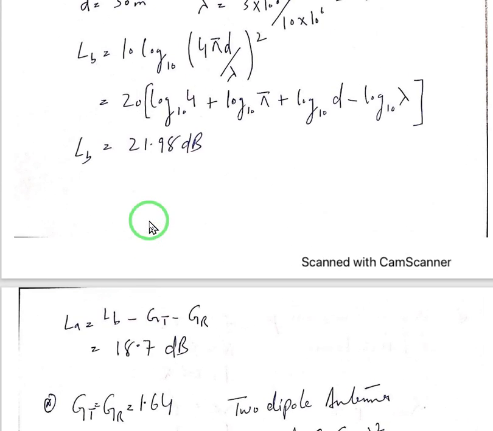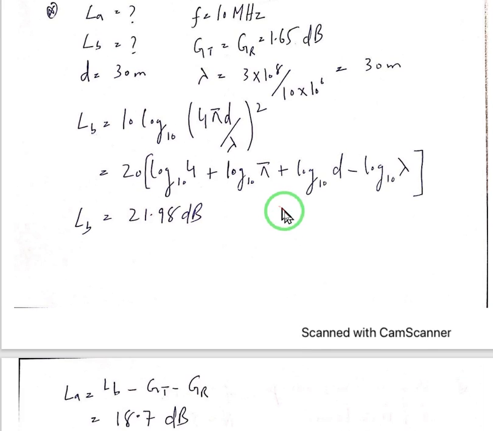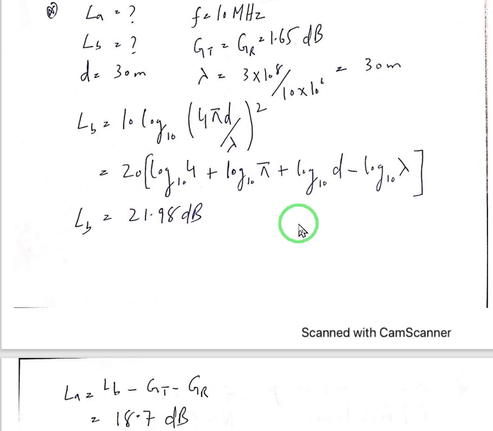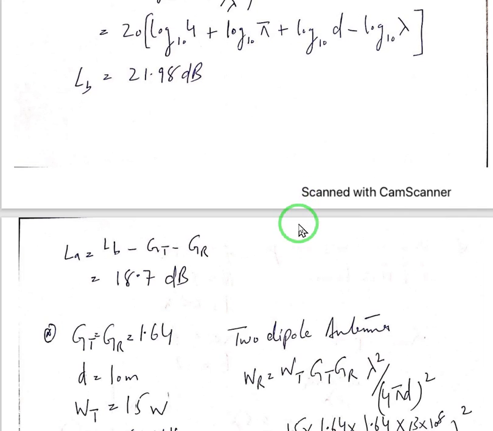So the actual loss is 18.7 dB. The basic loss is 21.98 dB. It's a very big loss, and that is the fundamental disadvantage of wireless transmission, that the loss is always very high in wireless transmission.